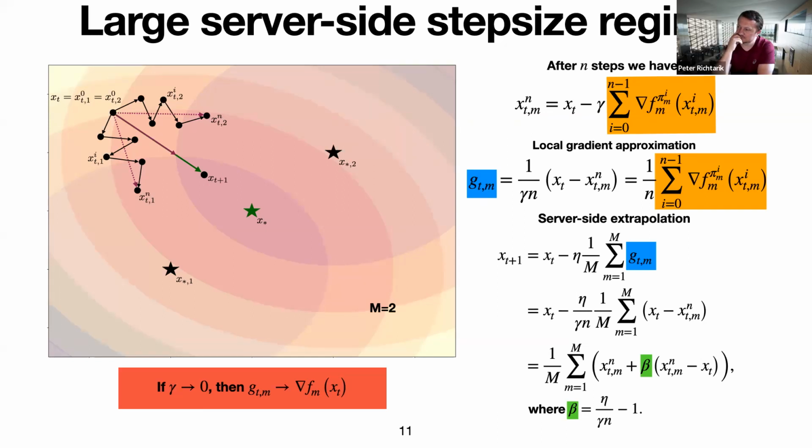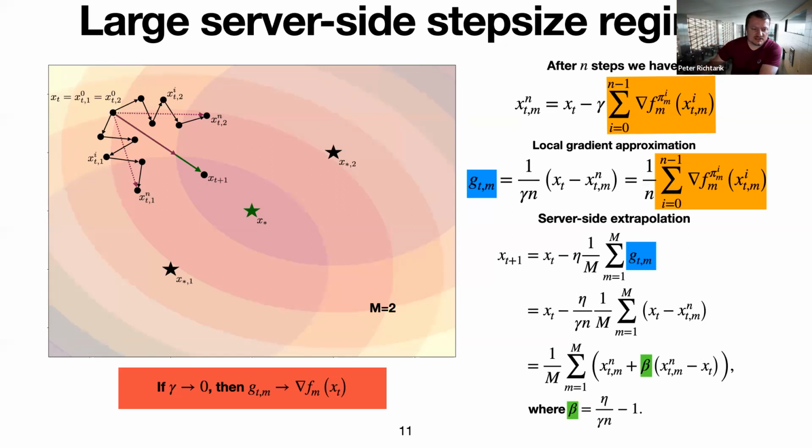If beta is equal to 0, we have just federated random reshuffling. And here we have something in between. Okay, can I continue?